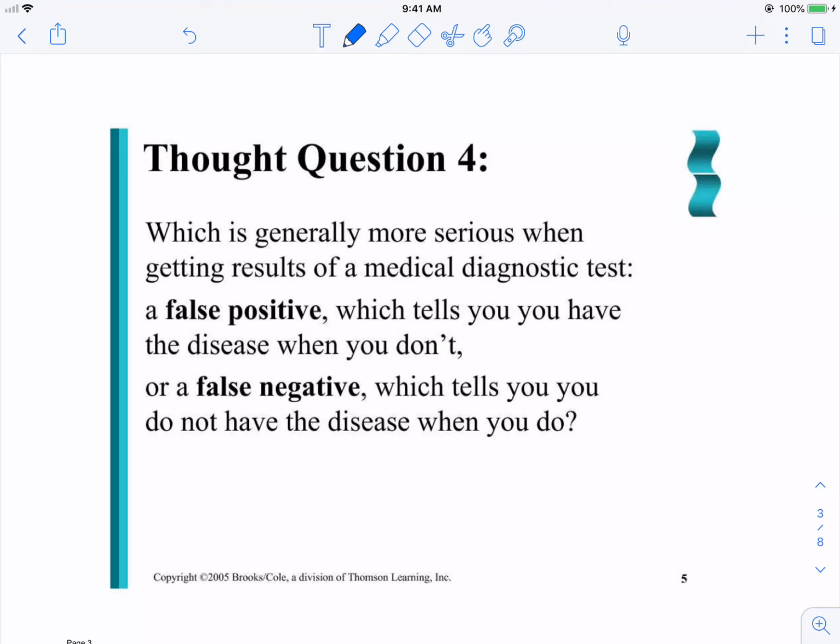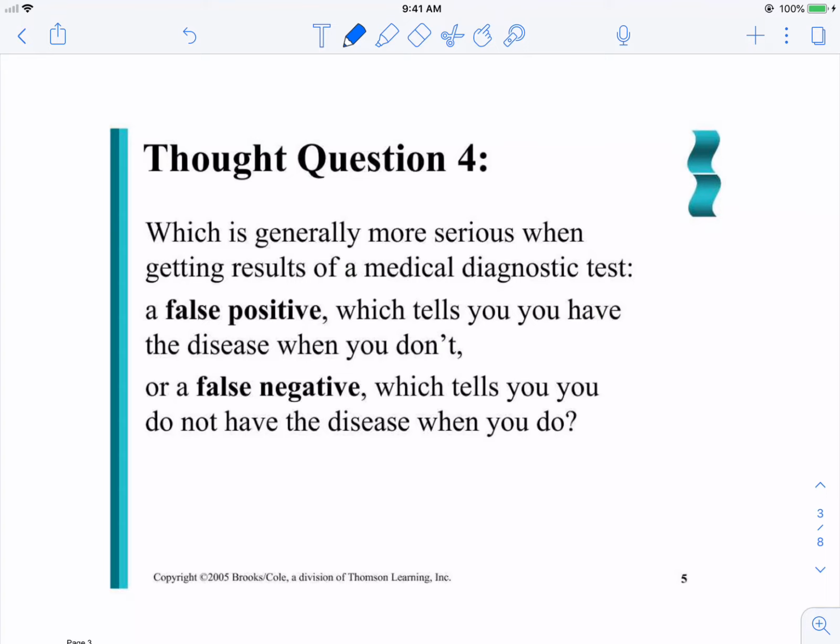And therefore, they go home and they actually do have this disease and they're not pursuing any treatment for it. That seems to be the worst case scenario as opposed to a false positive, where it comes back that you do have the disease, you start to perform some other test or start to take some actions against it, and then you realize that no, you actually don't have the disease. It's a false positive. The false negative seems to be more catastrophic.